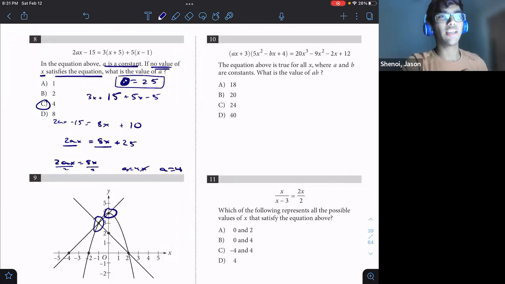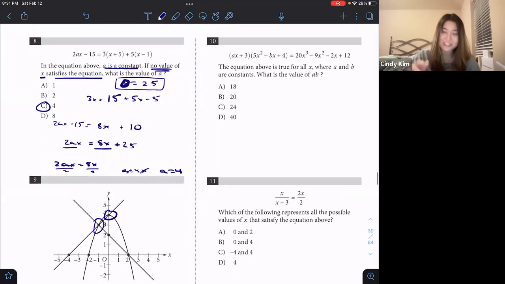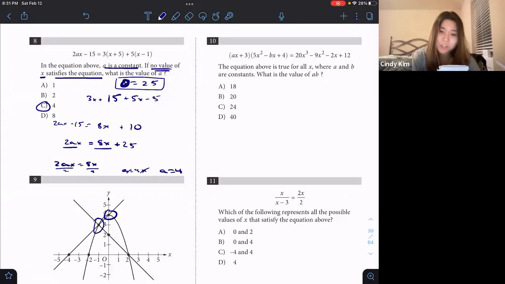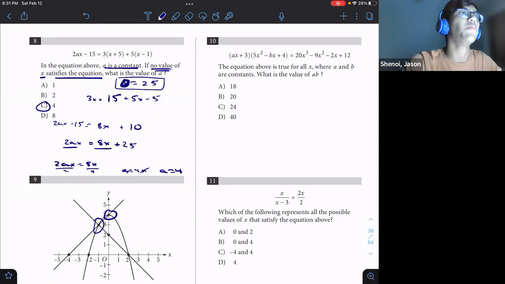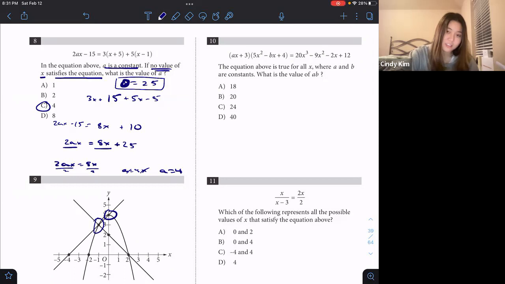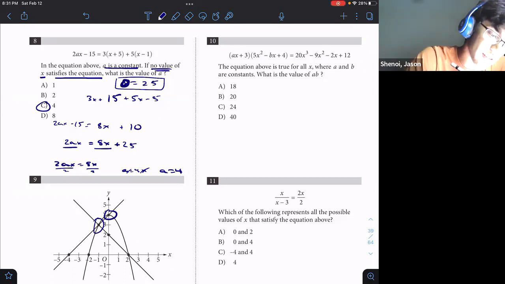All right, what about 10? You got 10 right? No, I couldn't find the answer. What did you put? I found A though. A was 4, so I have A, but I couldn't find the B. So this is what you do. Actually, this is a pretty doable question.